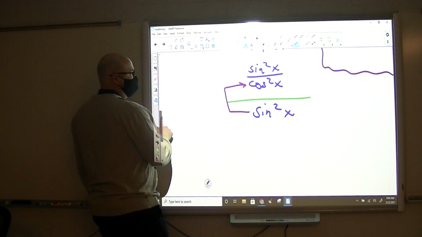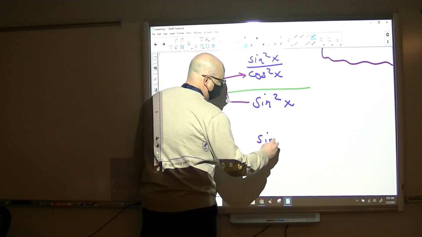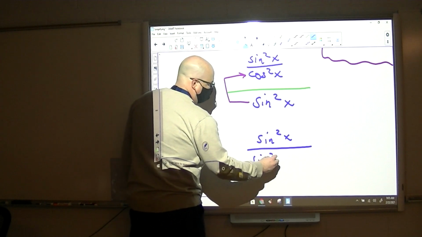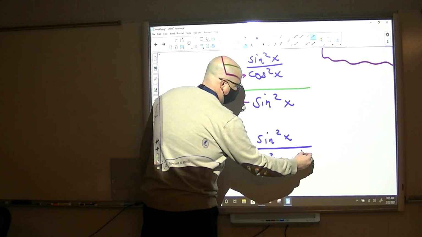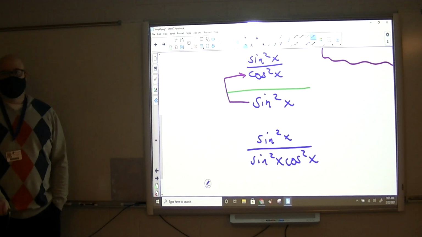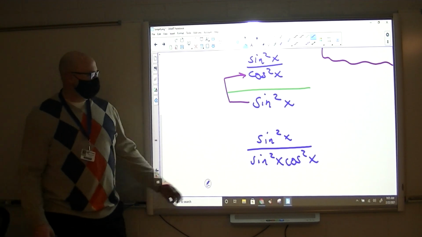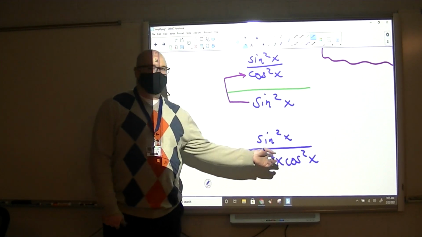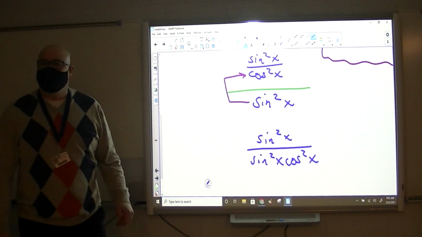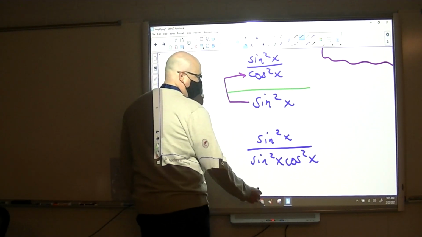So this becomes sine squared x over sine squared x cosine squared x. And because this is a product down here, you're looking at this string of characters with letters and little numbers in the corner, we have to see the trigonometric package as one piece, right?